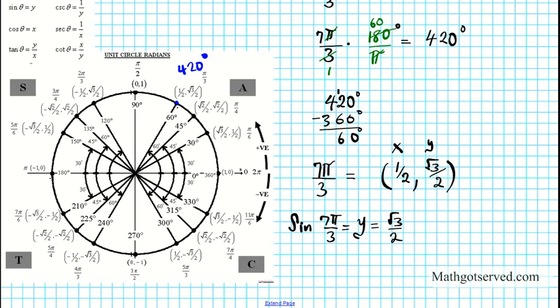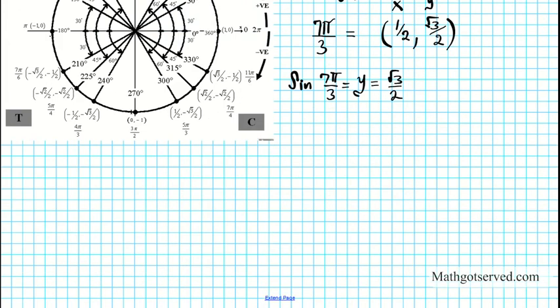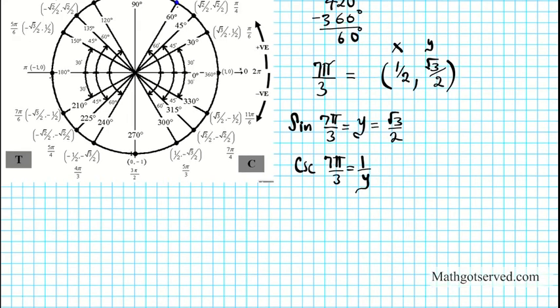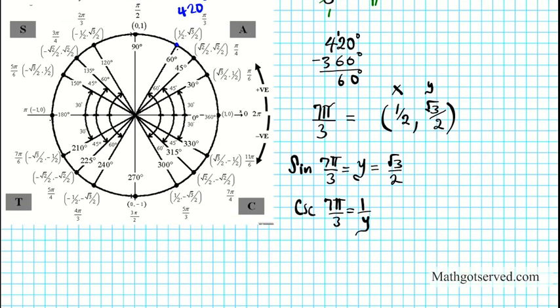Okay? Alright, next we need to find its reciprocal. The reciprocal of sine is cosecant. Cosecant 7 pi over 3 is 1 over y. We can refer to our unit circle ratios, which also tell us it is 1 over y.